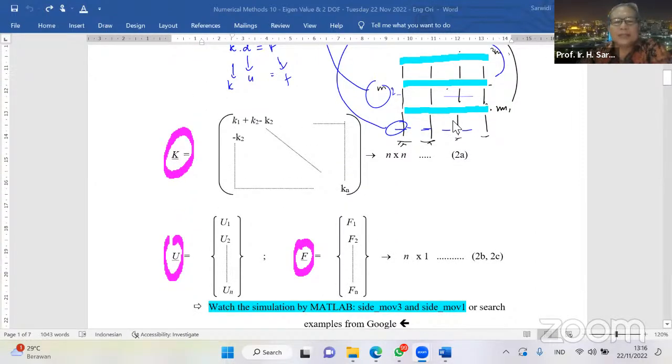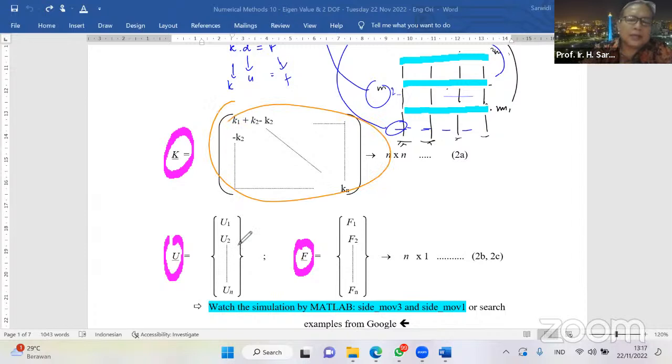Okay, this is the example. There is the form of the stiffness matrix here, then the form of the displacement vector or matrix, and then the form of the force matrix. So it becomes a matrix operation.